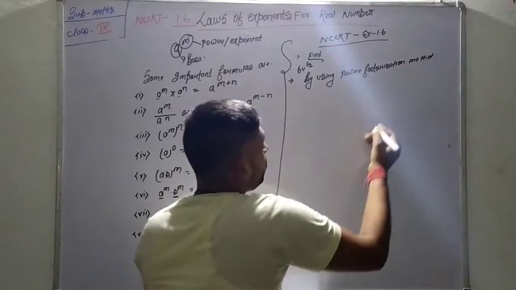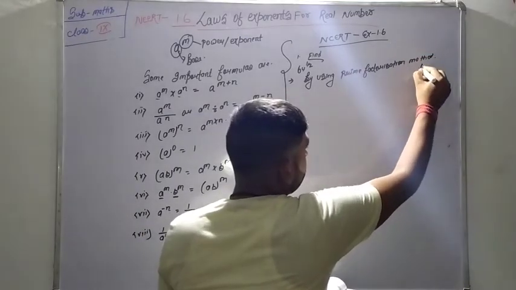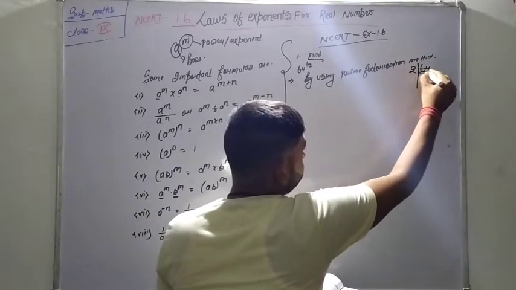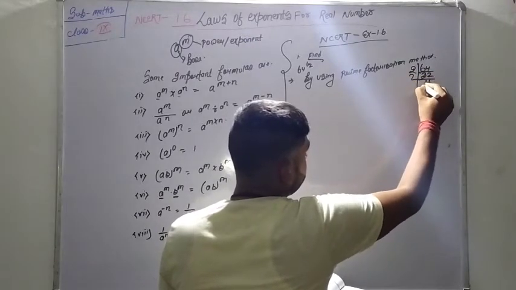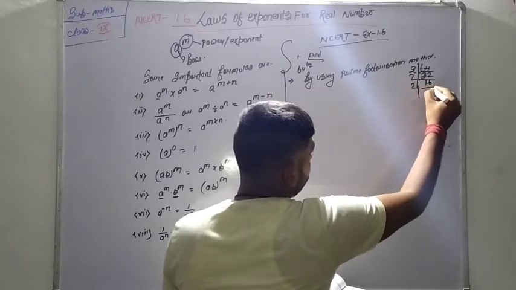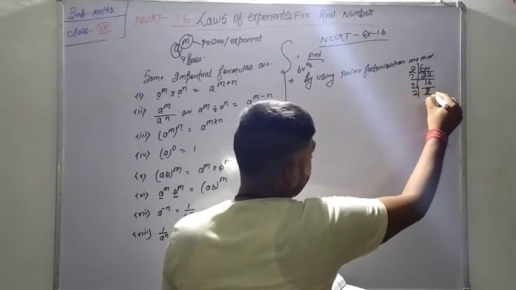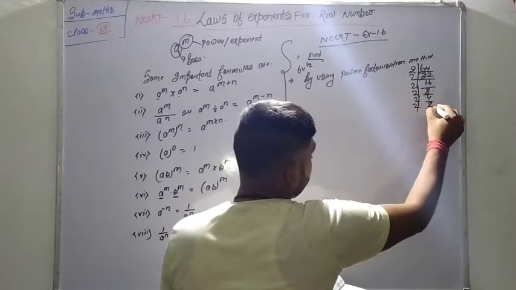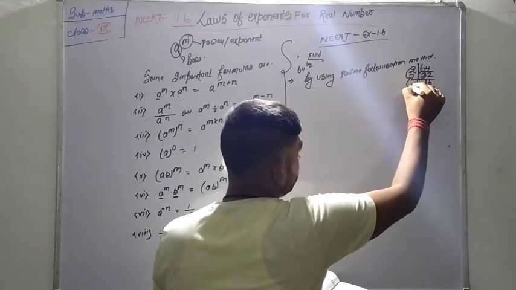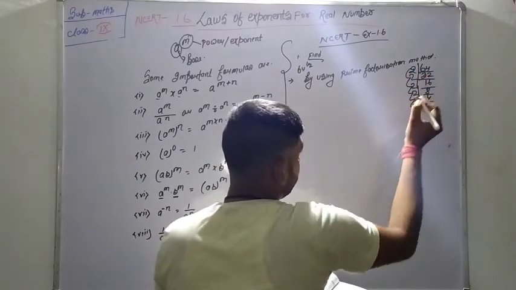Now 54: 2 times 27, 3 times 9, 3 times 3, 3 times 3, 3 times 1. Now 1, 2, 3, 4, 5, 6.